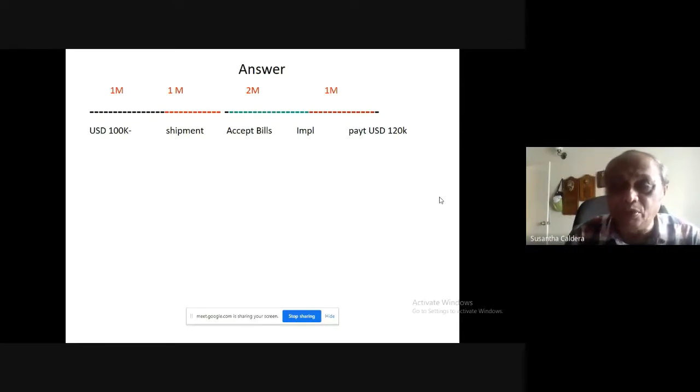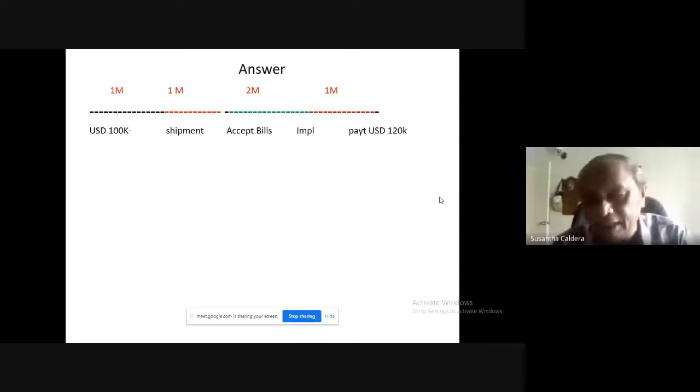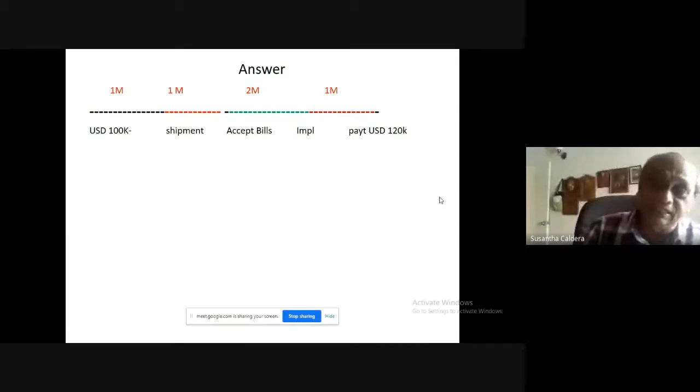So it's a revolving facility for issuance of usance LCs. Please write it in your books. Revolving facility for issuance of usance LC.